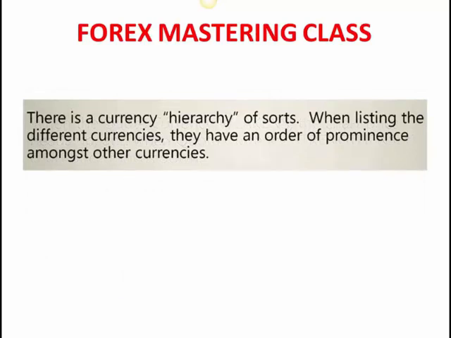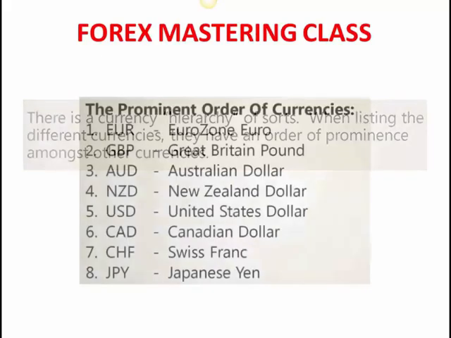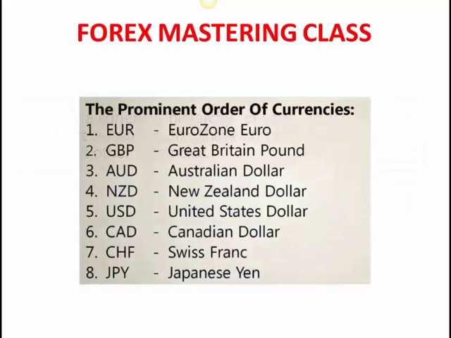This is a currency hierarchy of sorts. When listed, the different currencies have an order of prominence among other currencies. We are talking about the hierarchy of currencies, the prominence order, and this is how they are tabulated. Whenever you have EUR/USD anywhere, you always see the Euro on the left.